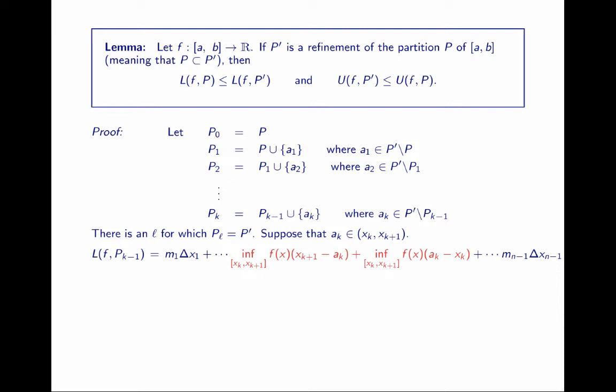In fact, as you're following along, it probably would be a good idea to sketch a picture. Now, if I replace the infimum of f over [xk, xk+1] with the infimum over [ak, xk+1], I have to get something that's either the same or bigger, because the interval [ak, xk+1] is within the interval [xk, xk+1].